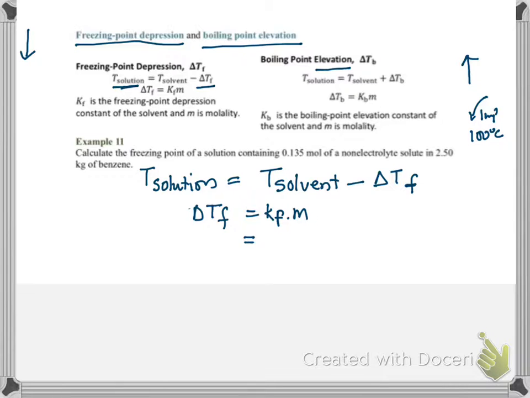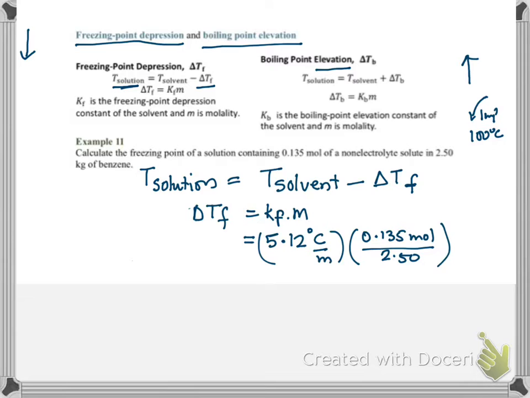This Kf value will be given to you, which is 5.12 degrees Celsius per molal, and molality is moles of the solute, which is 0.135, divided by the mass of the solvent in kilograms, and it is already given to you in kilograms. With this, you can find delta TF, which will be 0.276 degrees Celsius.